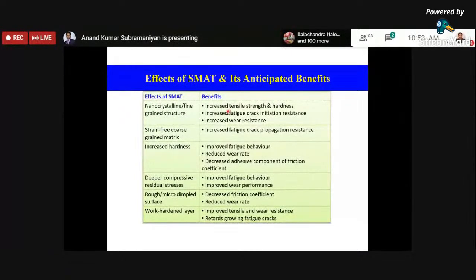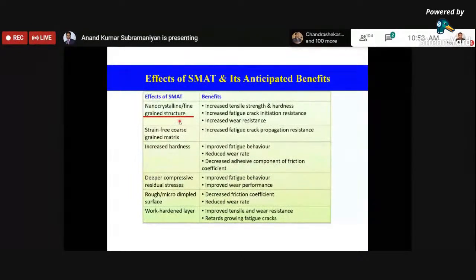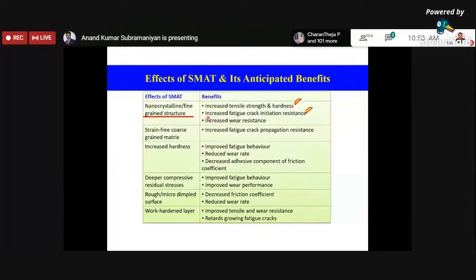For example, the moment we have this nanocrystalline or fine-grained structure onto the surface, we will benefit in terms of increased tensile strength and surface hardness, and it can increase the fatigue crack initiation resistance, as I was mentioning earlier, and it also can increase the wear resistance. From our AICTE-STTP law, we know that by increasing the hardness, we can obtain better wear resistance. So these are all the benefits of having this nanocrystalline layer.